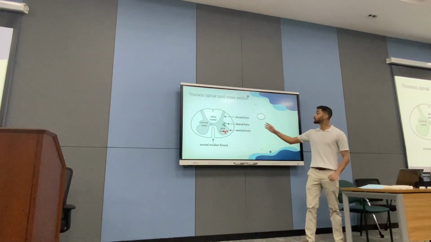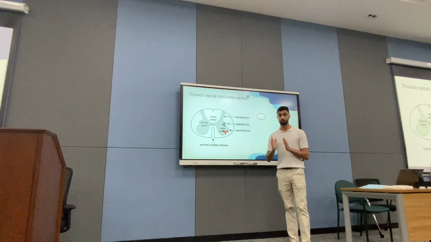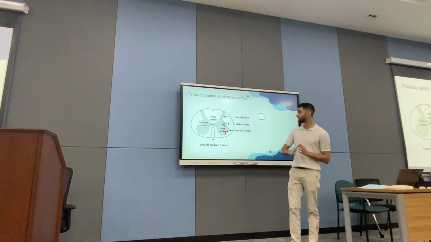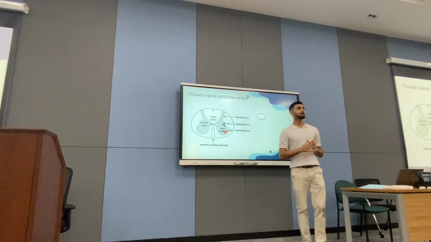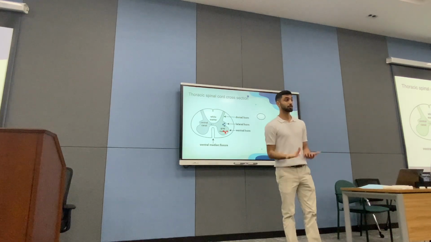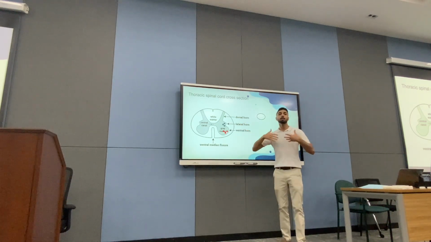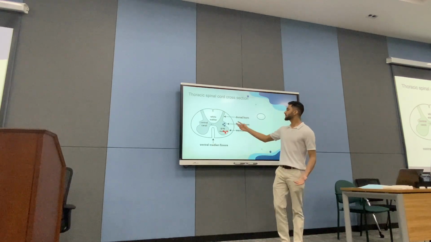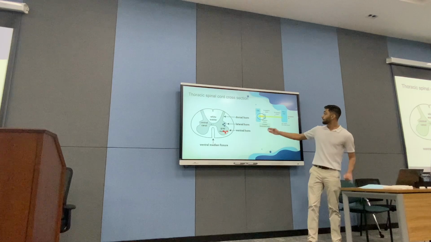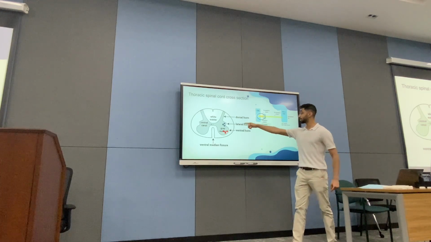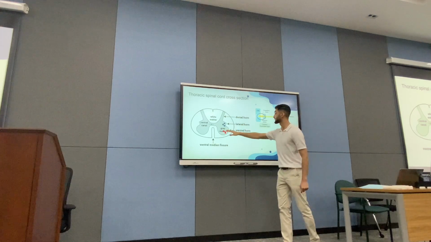In the lateral horn, we will find the cell bodies of the preganglionic neuron, the sympathetic ones. In the ventral horn, we will find the cell bodies of the somatic motor neurons, which innervate the muscles. There are a large number of cell bodies, but we just use 3 to make it simpler. Basically, this is the part that we just discussed. The preganglionic neuron, this is the cell body which arises from the CNS.